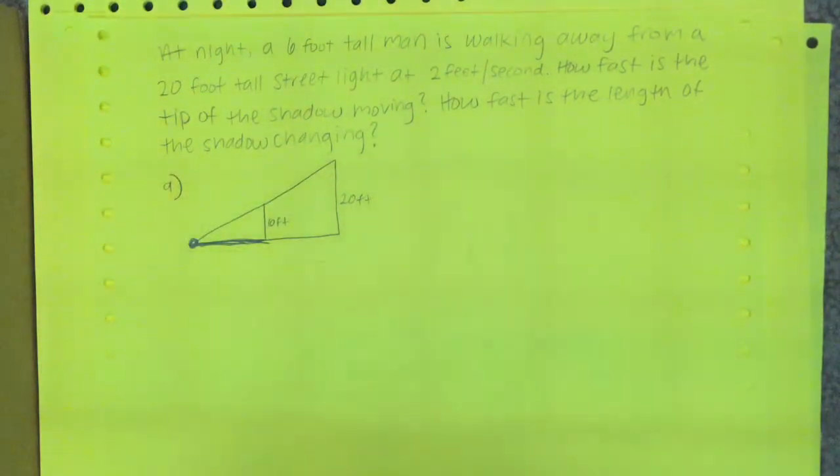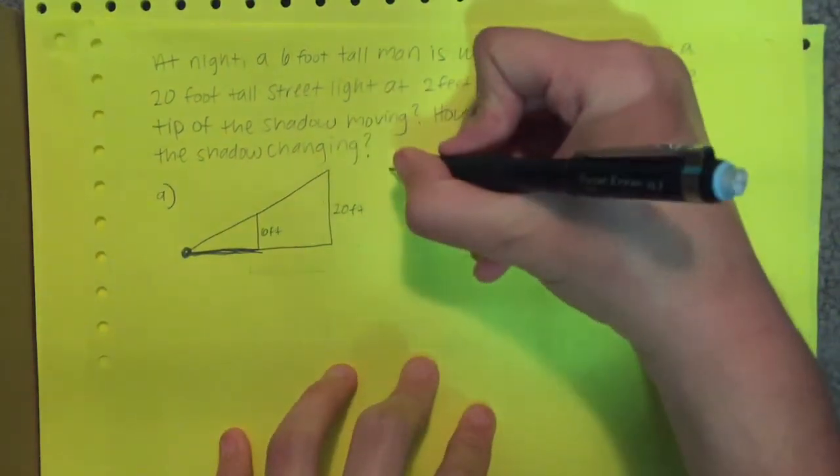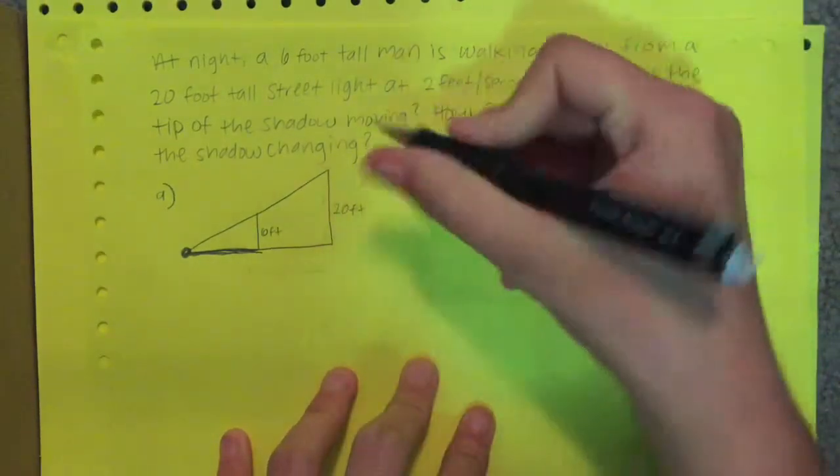Let's write our givens. dx/dt is 2 feet per second.